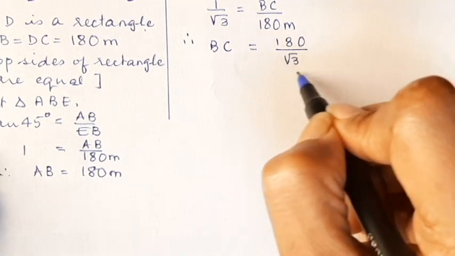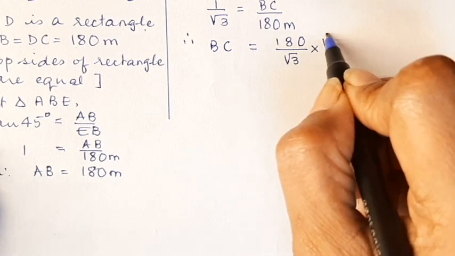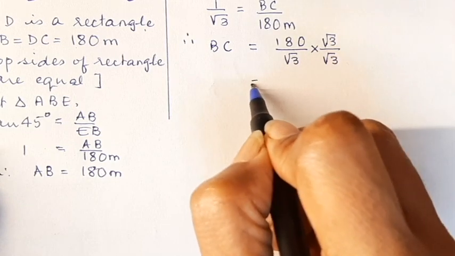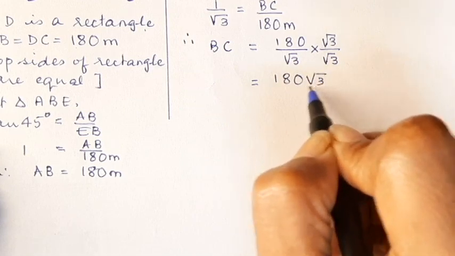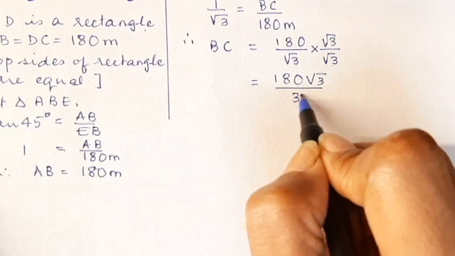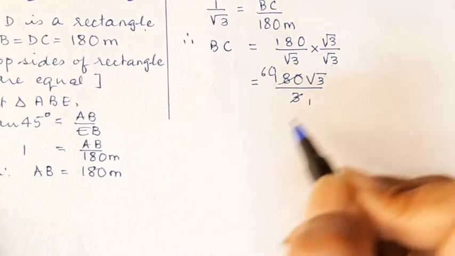Now again we see in the denominator there is an irrational number, so again we will rationalize by multiplying and dividing by root 3. So 180 root 3 upon root 3 into root 3 gives us 3. Now 3 will divide this 180, 3 sixes and 3 zeros.